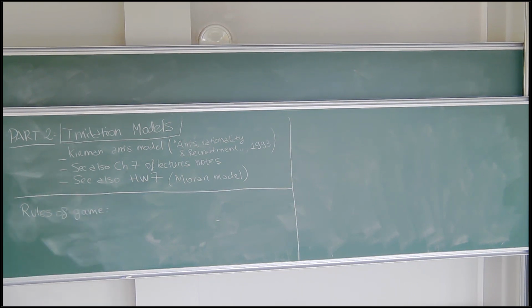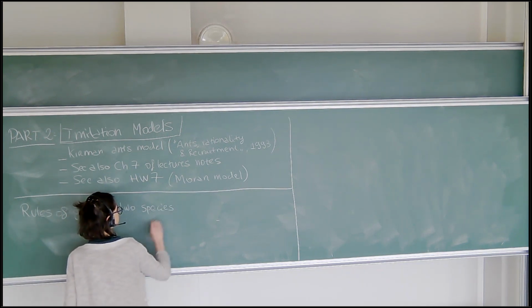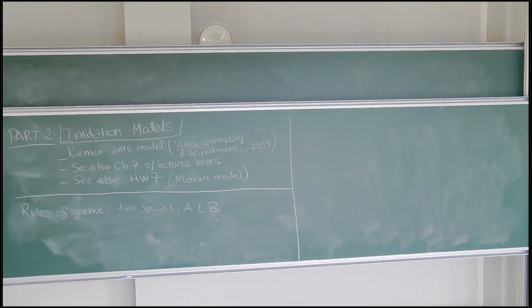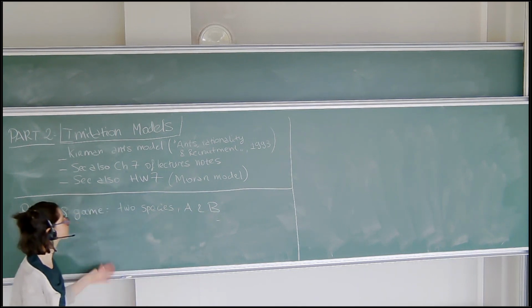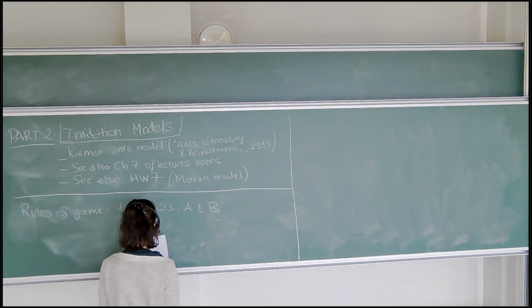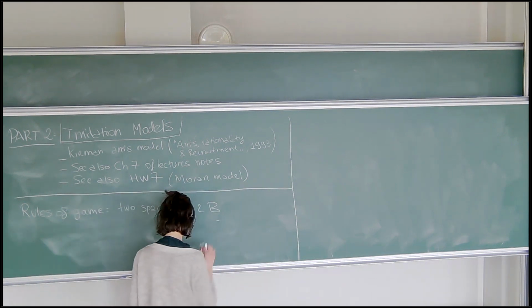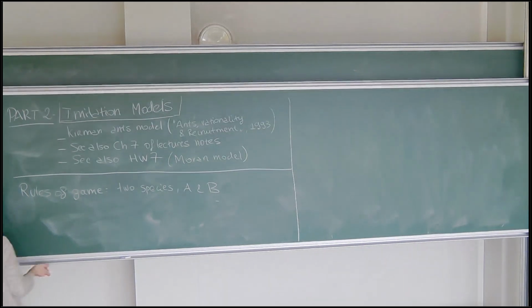You have two species, if you want, A and B. This can denote the people who want to buy a cell phone and the people who don't, or the people who want to vote for something and the people who want to vote for something else, whatever you want to think of. Or the ants which want to go to the source of food on the right versus those which want to go to the source of food on the left. And all of these individuals interact in the following way.